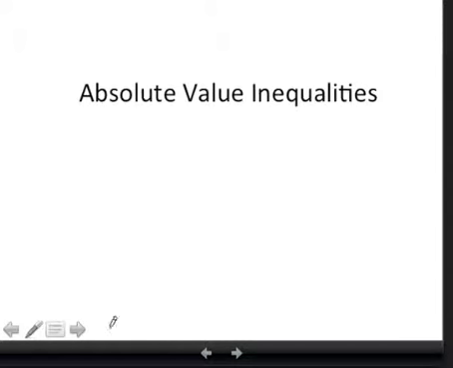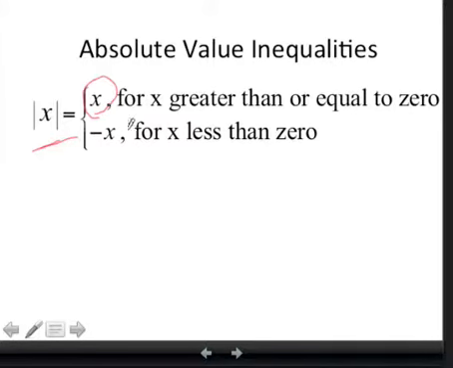The absolute value of a real number, let's call it x, is defined as: mod of x is equal to x for x greater than or equal to 0, and negative of x for x less than 0.